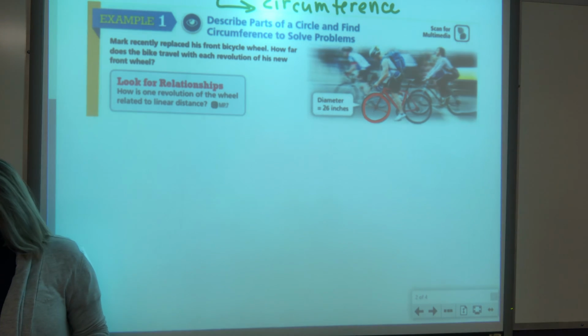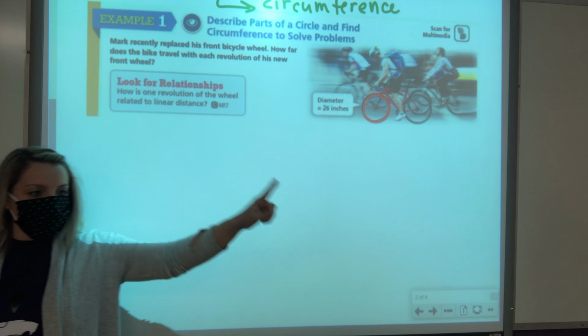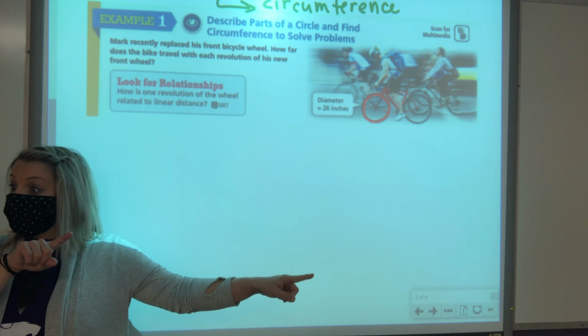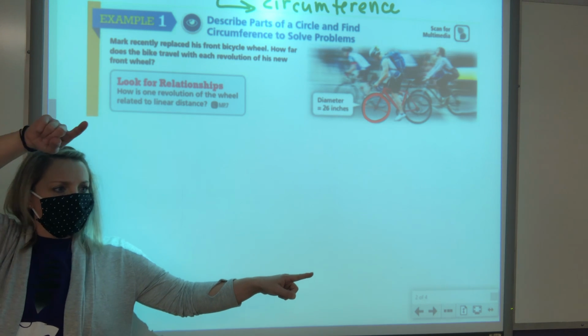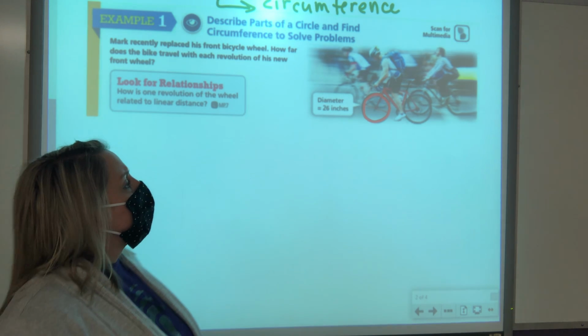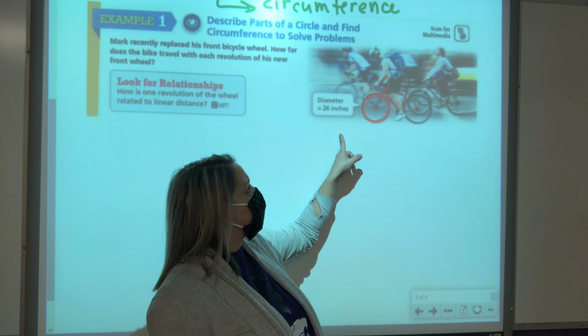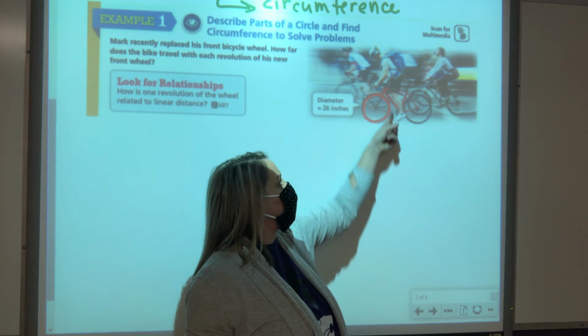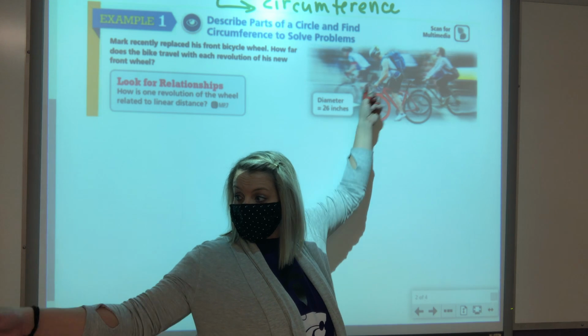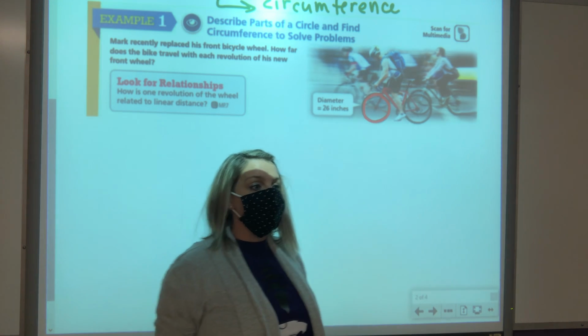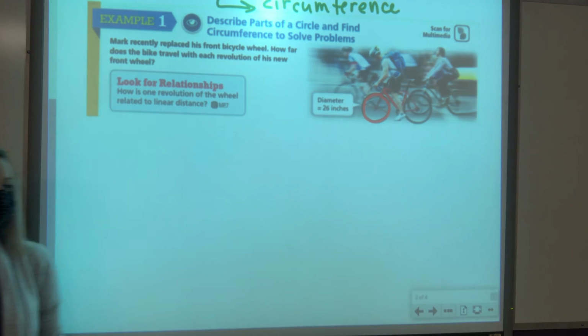So that means the point where he starts and then the point where he stops one time around, correct? Kind of like you're on a Ferris wheel, because you go one time around, right? So if the diameter is 26 inches, what measurement are we trying to find? Yeah, the circumference. The circumference is how far a circle can go in one revolution.